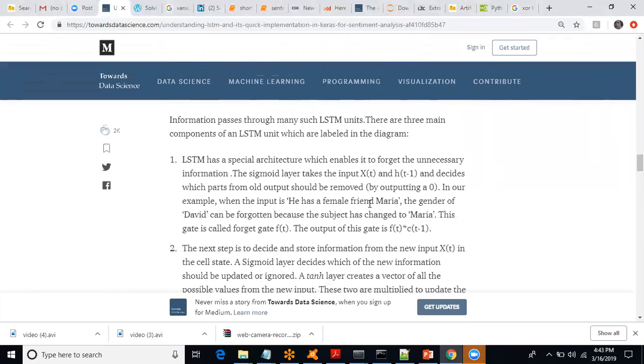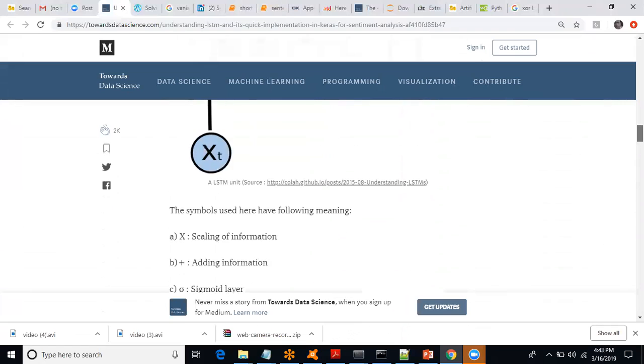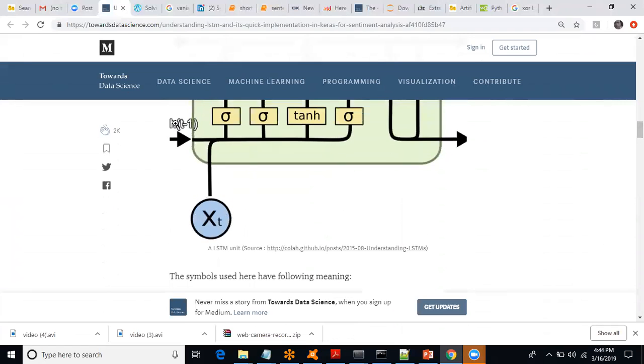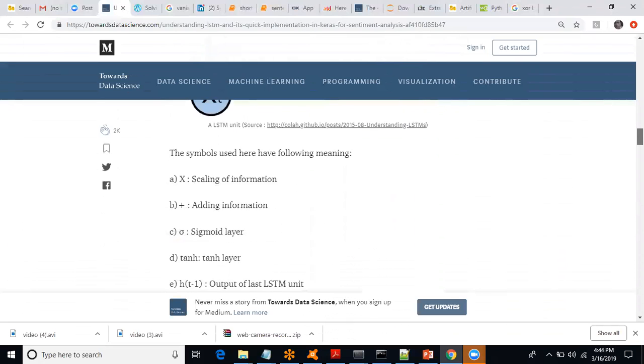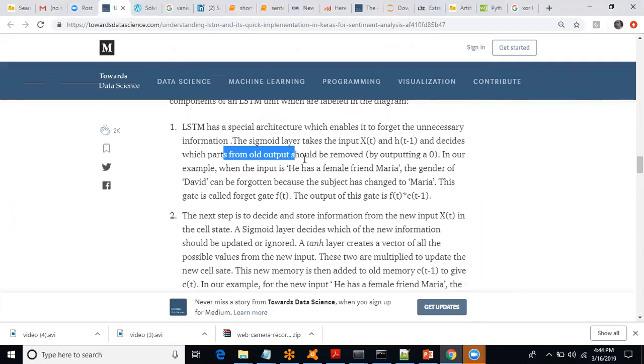See, LSTM is a special architecture that enables forgetting unnecessary information. The sigmoid takes input xt and h of t minus 1. h of t minus 1 is the output of the previous step, and xt is the input. It decides which part of the old output should be removed by outputting 0.